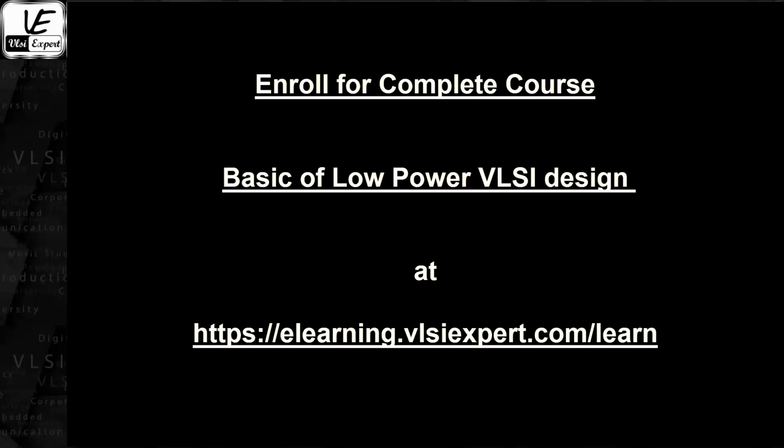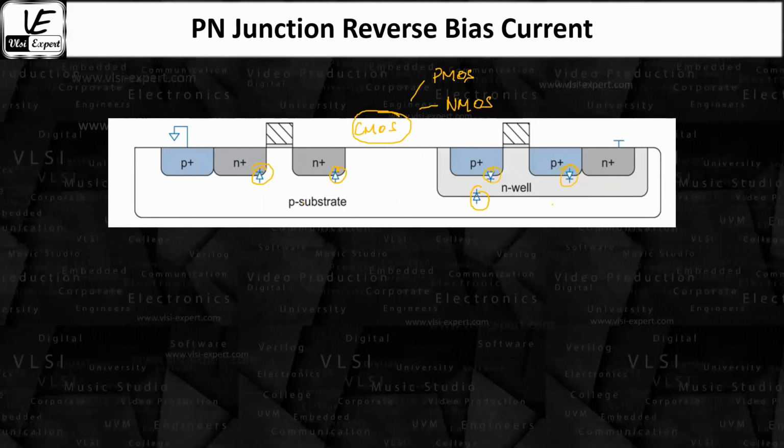This is your NMOS and this is your PMOS, which is created inside an N well. It also forms diodes within the PN structure, and all these are parasitic diodes. Parasitic here means unwanted diodes, formed because of the structure of the device.